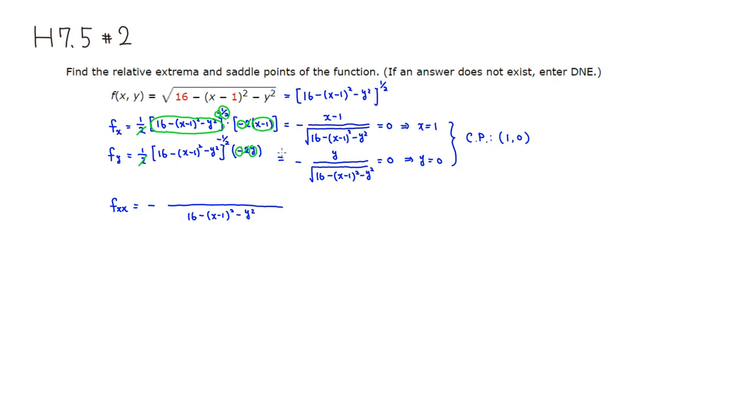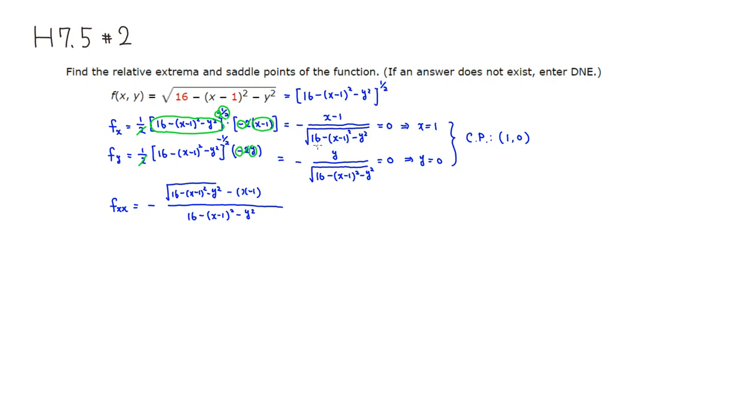That's not too bad. Then take the derivative of the top, which is 1, times the denominator, so you get the square root of 16 minus x minus 1 squared minus y squared, minus the top, x minus 1, times the derivative of the denominator with respect to x.